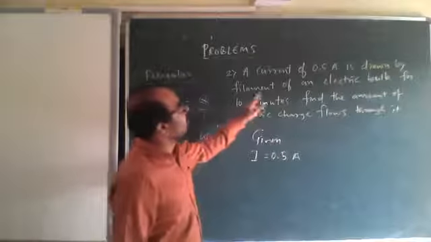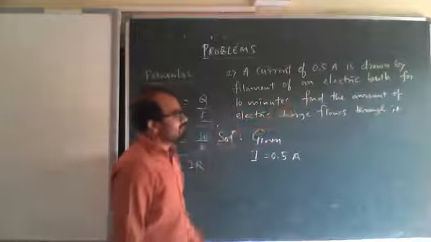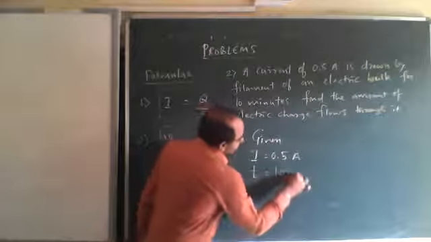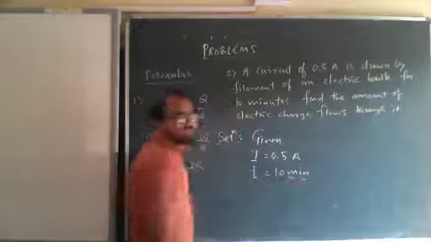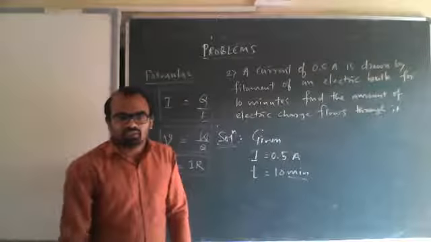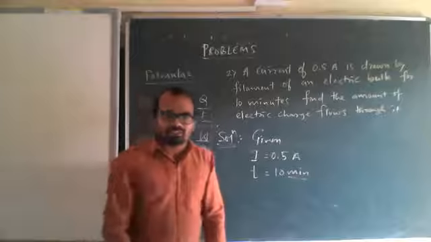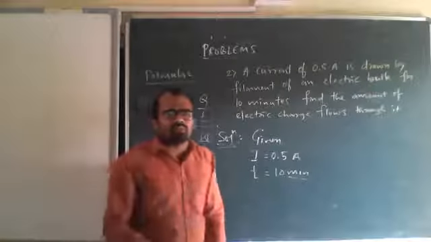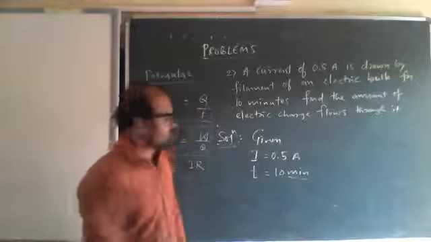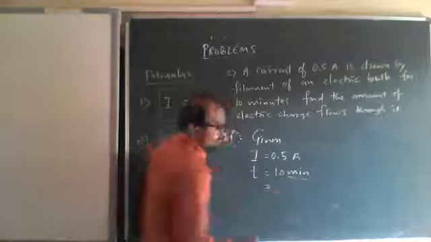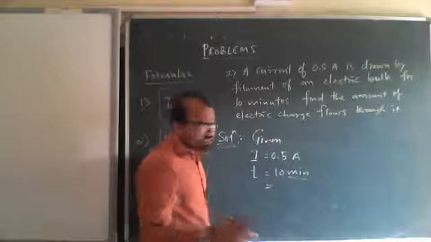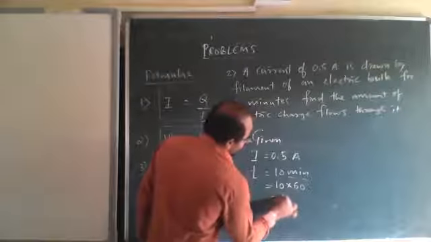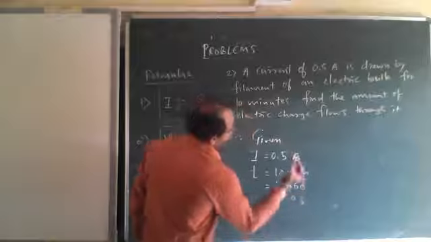It is drawn by the filament of an electric bulb for 10 minutes. Time is given as 10 minutes. But minute is not the SI unit for time. The SI unit of time is seconds. So whenever time is given in minutes, you must convert it into seconds. 1 minute means 60 seconds, so 10 minutes means 10 into 60, that is 600 seconds.